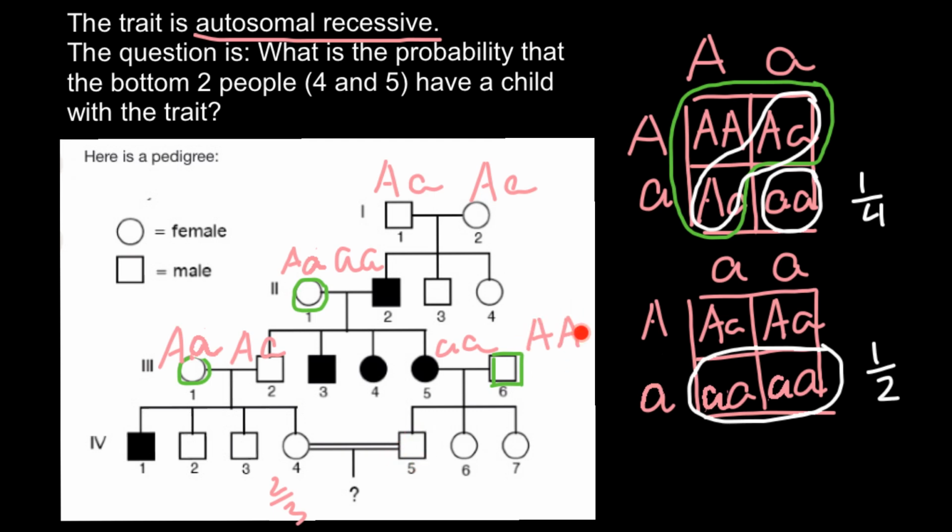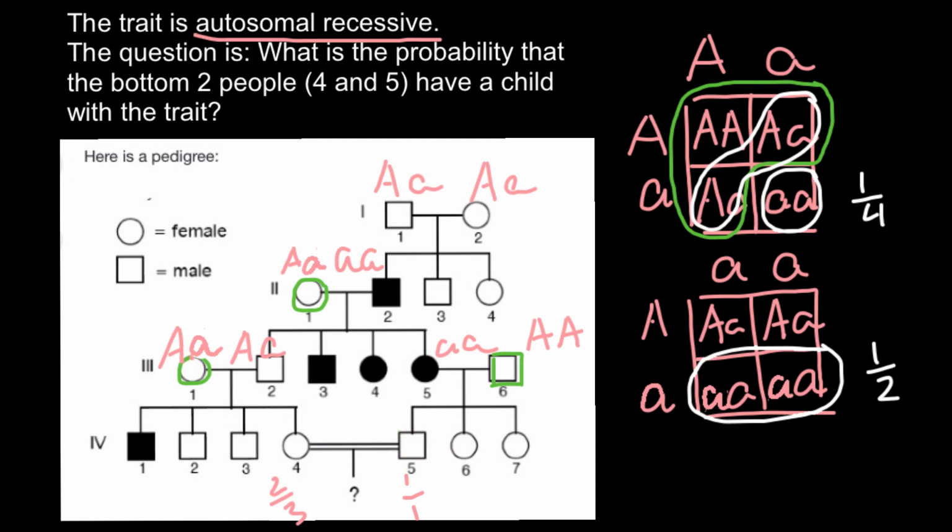So if we build a Punnett square with one parent homozygous dominant and the other parent homozygous recessive, as you understand, 100% of the progeny would be carriers. So this gives us a probability of 1 out of 1, or 100%, that this person is a carrier.